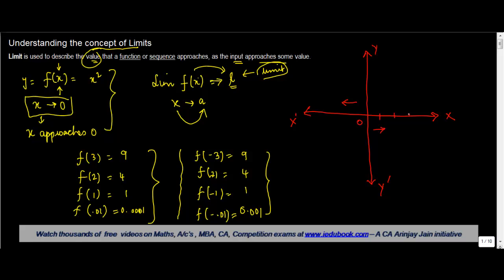So let's say 1, 2, 3, 4, and minus 4, minus 3, minus 2, minus 1. Let's take a scale of 2.